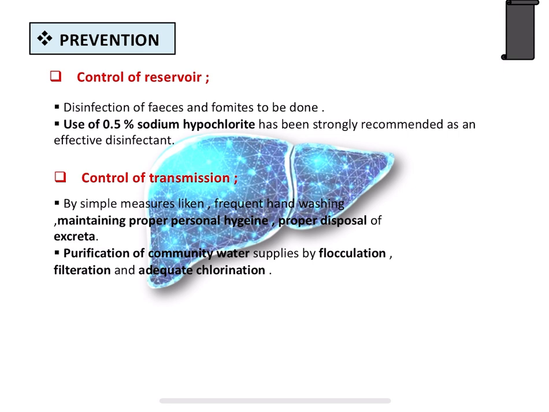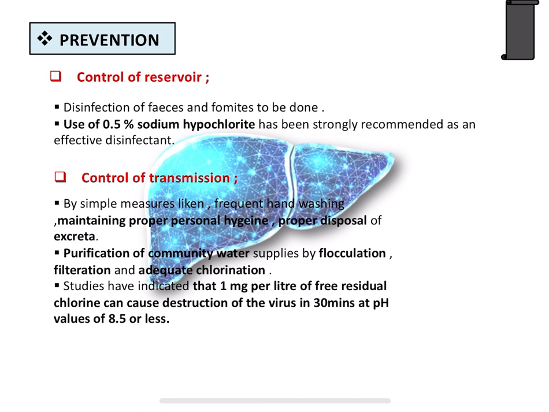And the purification of the community water supplies with the help of flocculation, filtration and adequate chlorination. Studies have indicated that 1 mg per liter of free residual chlorine will cause the destruction of virus in 30 minutes at a pH value of 8.5 or less. So we have discussed the chlorination in a previous session.